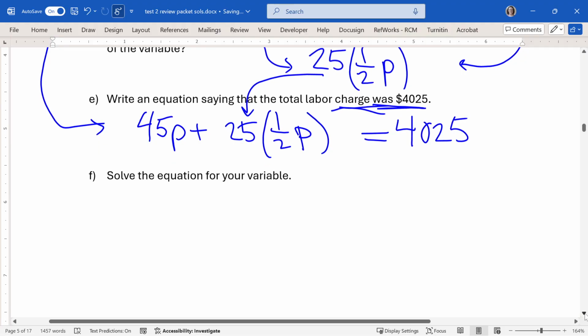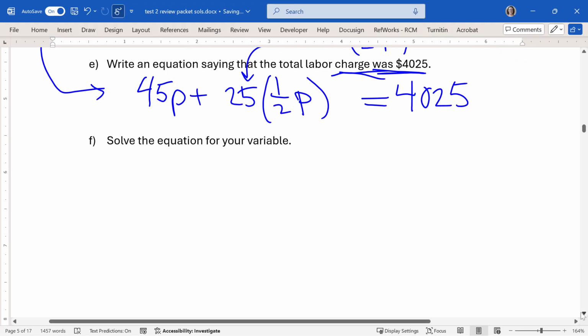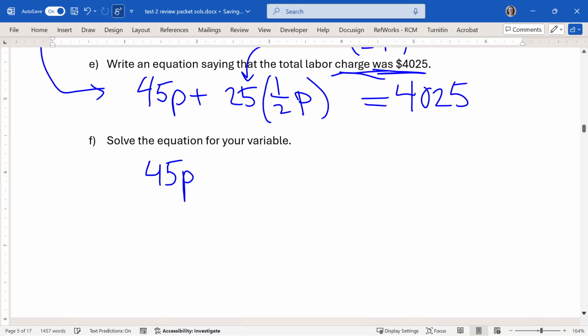And now we've got to solve for the variable. All right, so I'm going to copy this equation, 45P, and I'm going to multiply 25 times 1/2. I think that's 12.5. This is not a very hard one to solve, because I don't have anything to do but combine these two coefficients on P here.